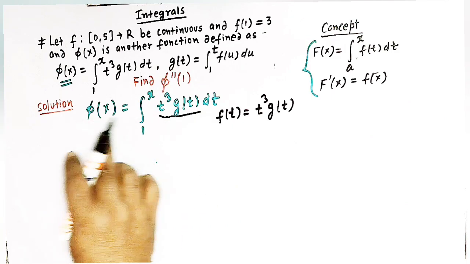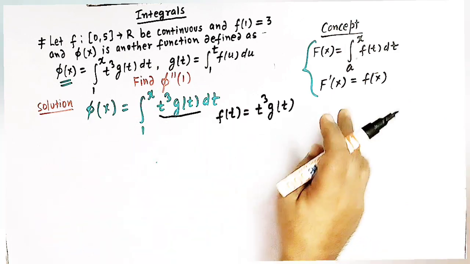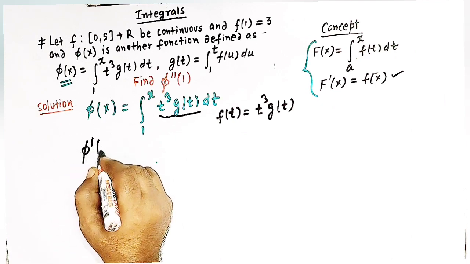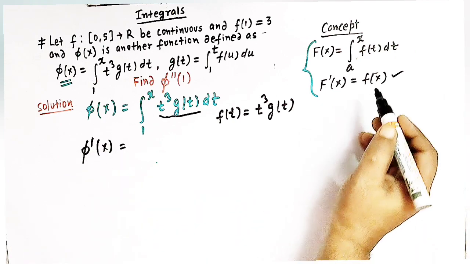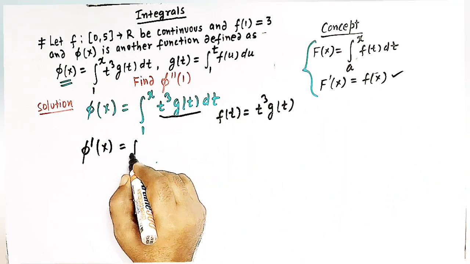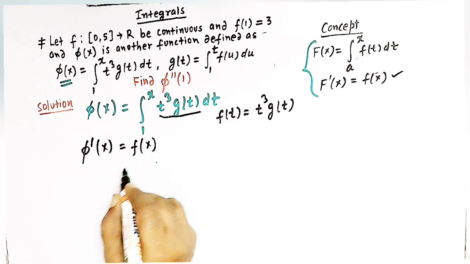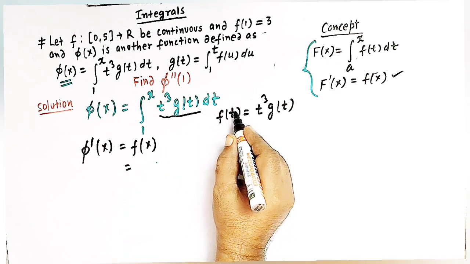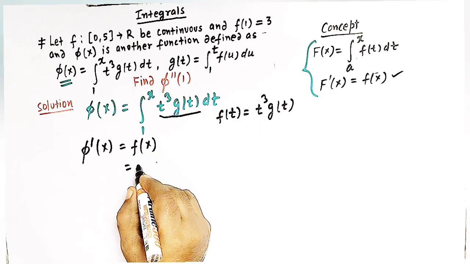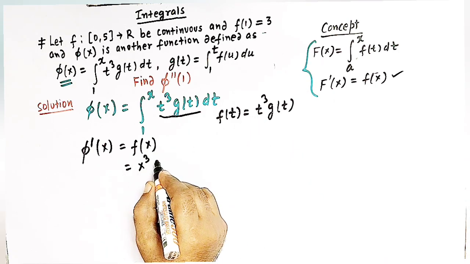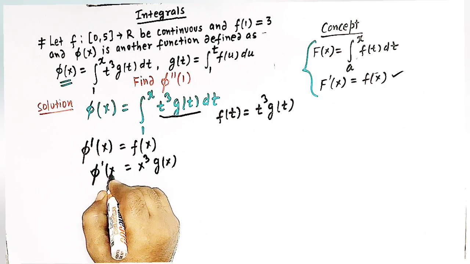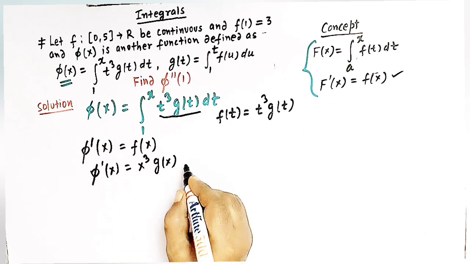So if we differentiate both sides with respect to x, then due to this result, we can get phi prime of x is equal to f of x, right? And here we have f of t, so this is f of x, and f of x can now be written by replacing this t by x. So we have here x cube, and then we have g of x. So we have obtained the derivative of phi of x.